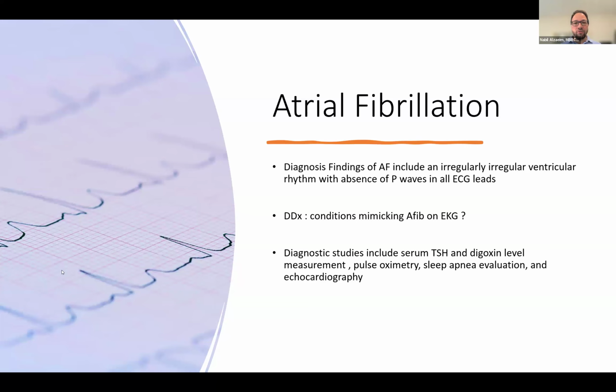How do we diagnose AFib? Maybe most of you know that on the EKG, the findings include an irregular ventricular rhythm with absence of P waves in all the EKG leads, and we will show you one sample on the next slide.